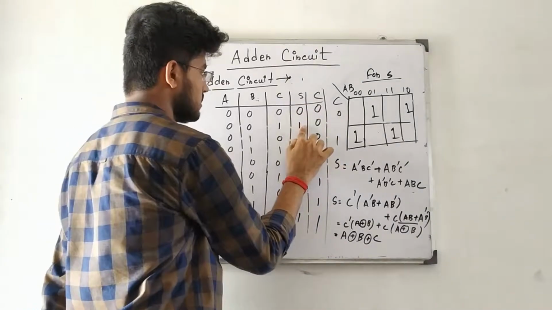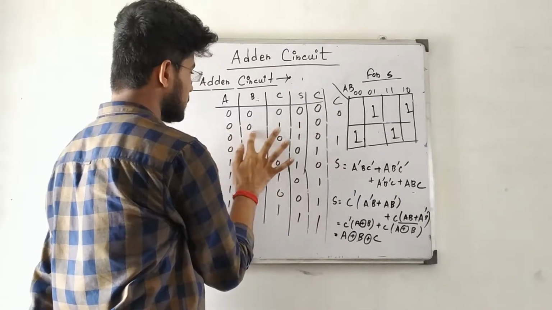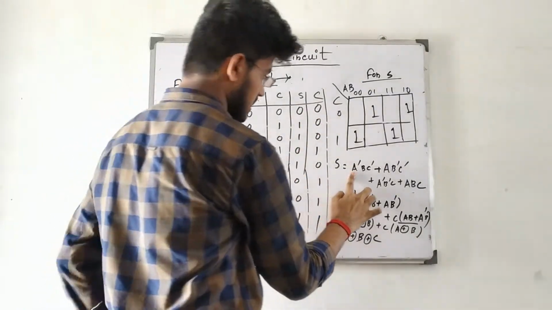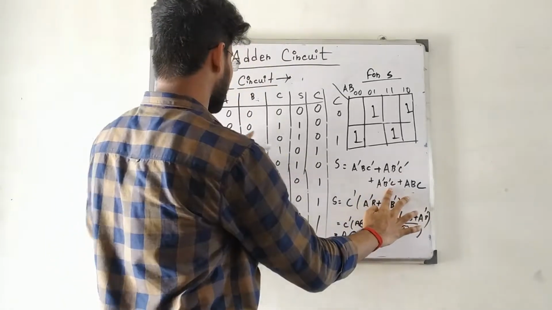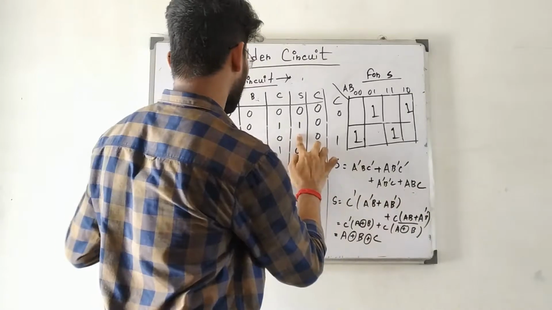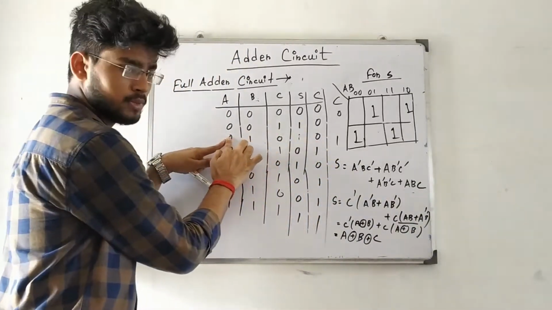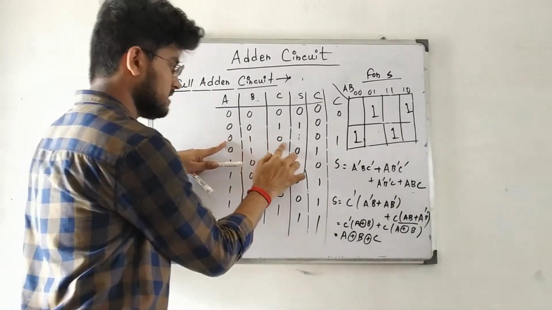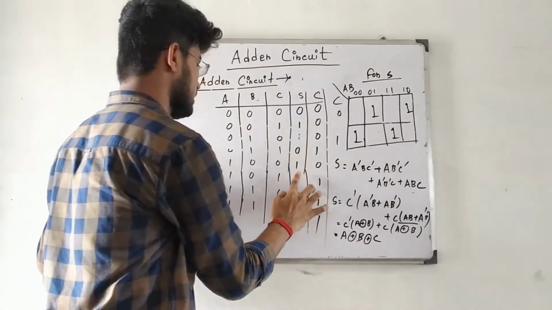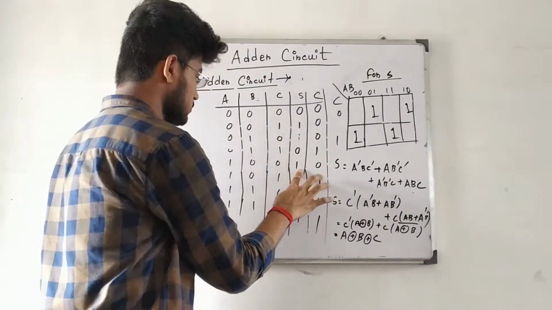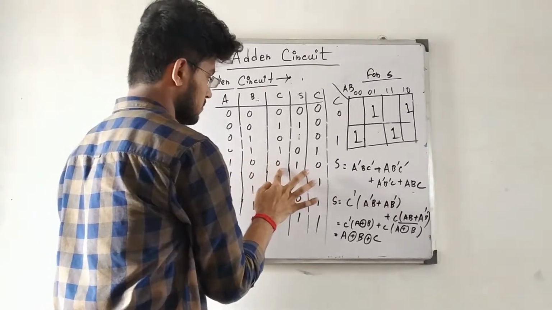The first is A bar B bar C. The next high output is A bar B C bar. The next S equal to 1 is A B bar C bar.